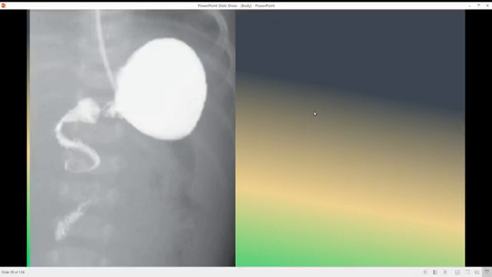Okay, we receive some answers. The patient has mid-gut volvulus with malrotation, corkscrew sign. This is not pyloric stenosis. This is mid-gut volvulus with malrotation, and this is a corkscrew sign. Okay, we move to the next case.